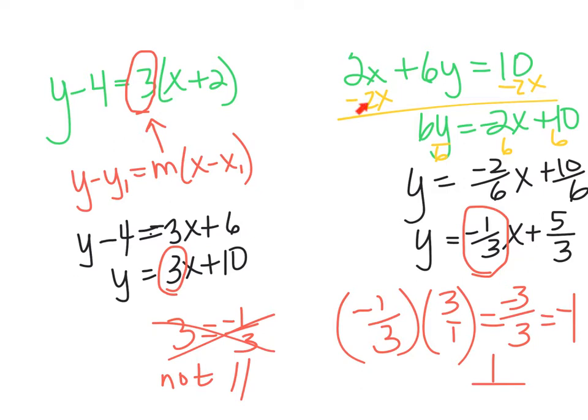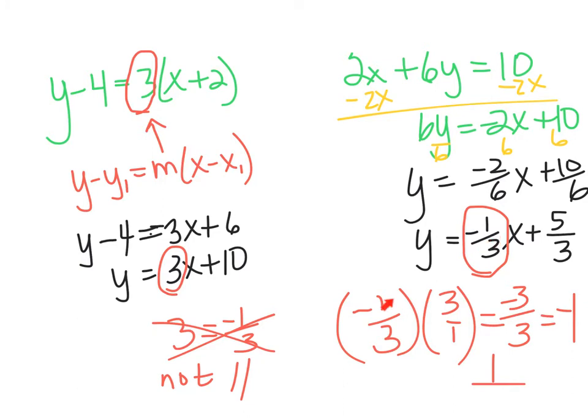Okay, so this one was in standard form, and what we want to do is find the slope of it, so we're going to solve for y. So we subtract 2x, divide by 6, and you get y equals negative 2/6x plus 10/6. That reduces to negative 1/3, and so this was the slope of our other line.